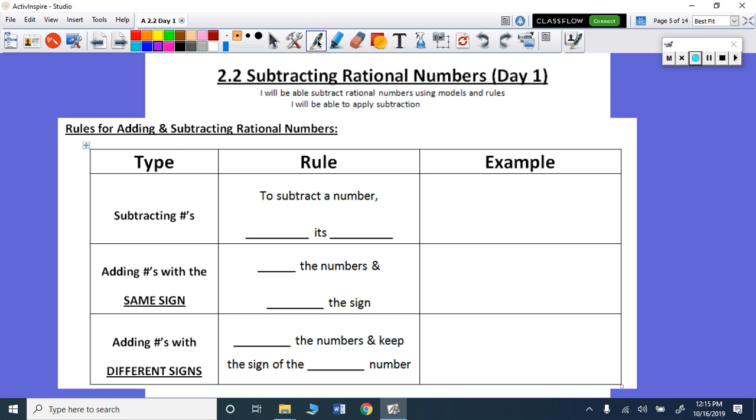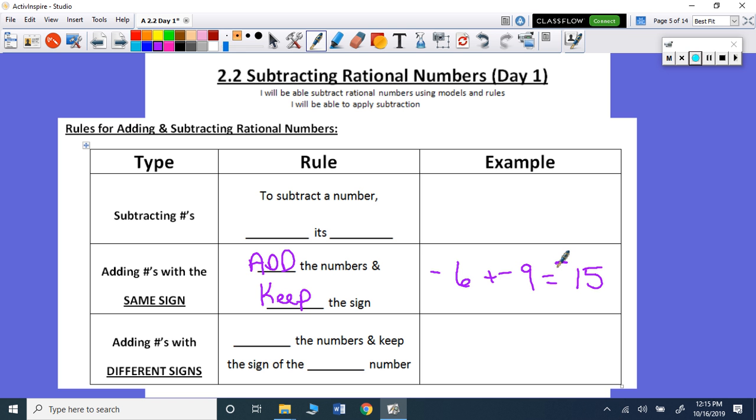Okay. Anywho, yesterday we added numbers with like and unlike signs. If they had like signs, we added the numbers and kept the sign. That would look like -6 plus a -9. It was an addition problem. You add them and then you keep the sign.